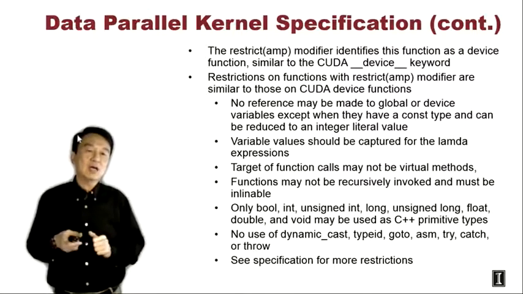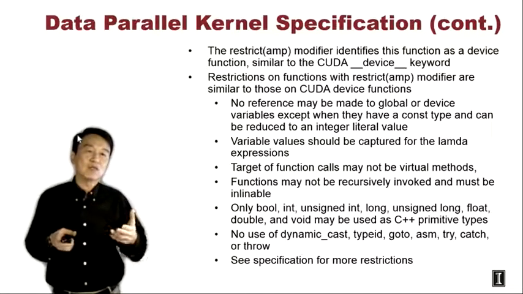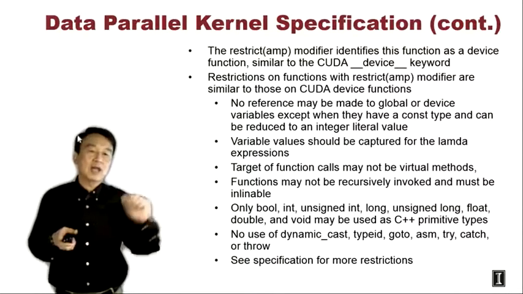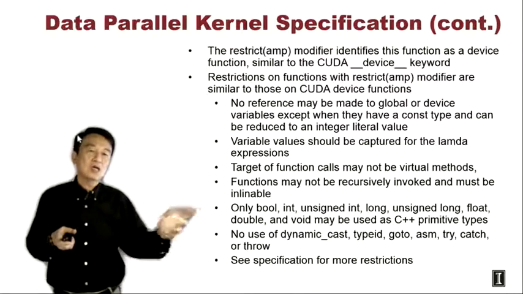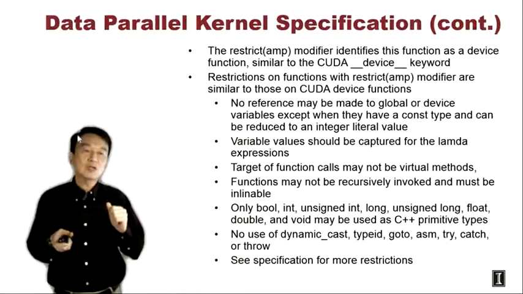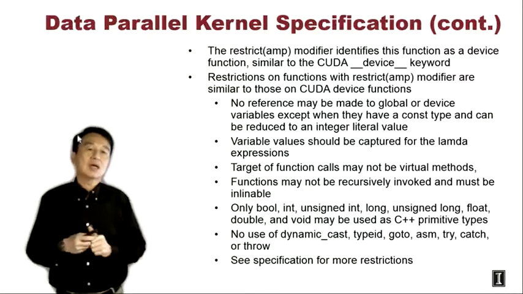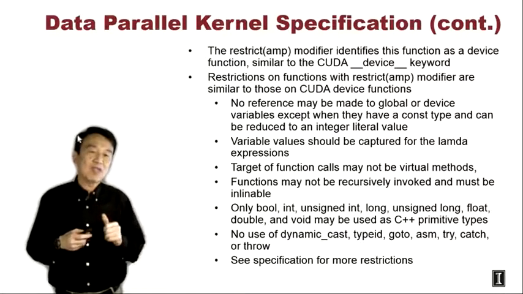Functions may not be recursively invoked and must be inlined, and this will likely be relaxed in the future. And only Boolean, integer, unsigned integer, long, unsigned long, float, double, and void may be used as the C++ primitive types. You should not use any other C++ primitive types within these functions.